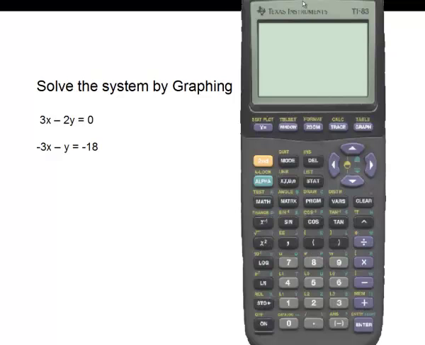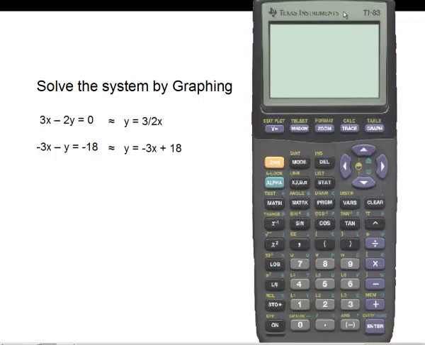In continuing to solve the system by graphing 3x minus 2y equals 0 and negative 3x minus y is equal to negative 18, we'll enter in the equations as they're solved for y in terms of x. So I'll enter the y equals portion of the calculator.